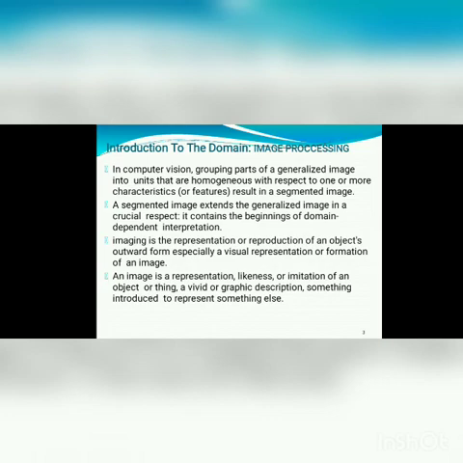Imaging is a representation and reproduction of an object's outward form, especially visual representation or formation of an image. An image is nothing but the representation, likeness, or imitation of an object or thing, or a vivid graphic description. Sometimes it is introduced to represent something else.